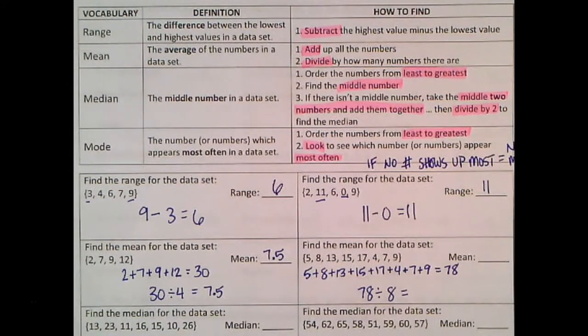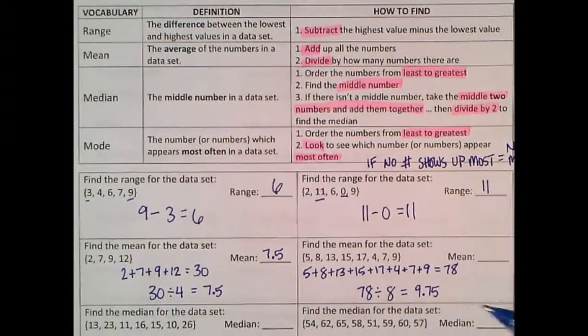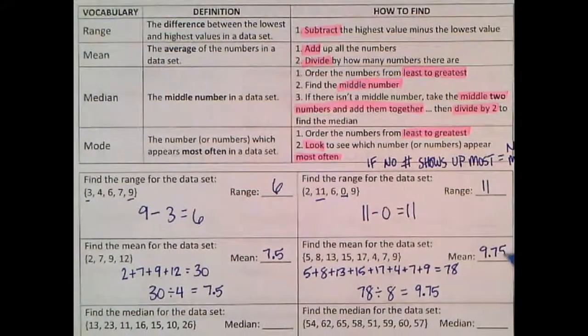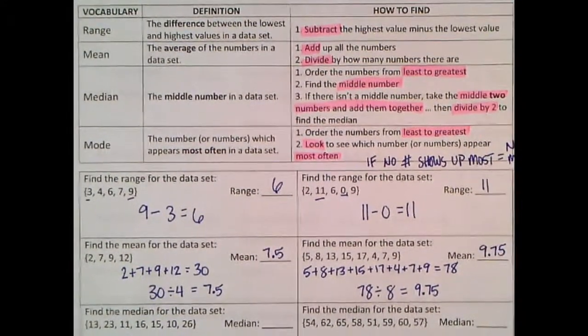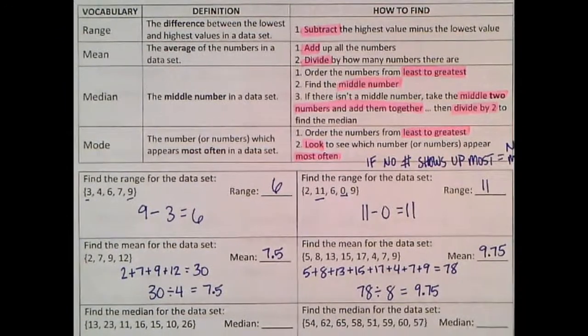All right, when you do that, you get 9.75. Now I know this can be a little confusing that we're getting stuff that is not even a value that we have in our data set. Remember, we're just finding the average of this stuff. That example I gave you earlier about test scores being 85, you very well could get in a situation where no one scored an 85 on a test, but that's still the test average.